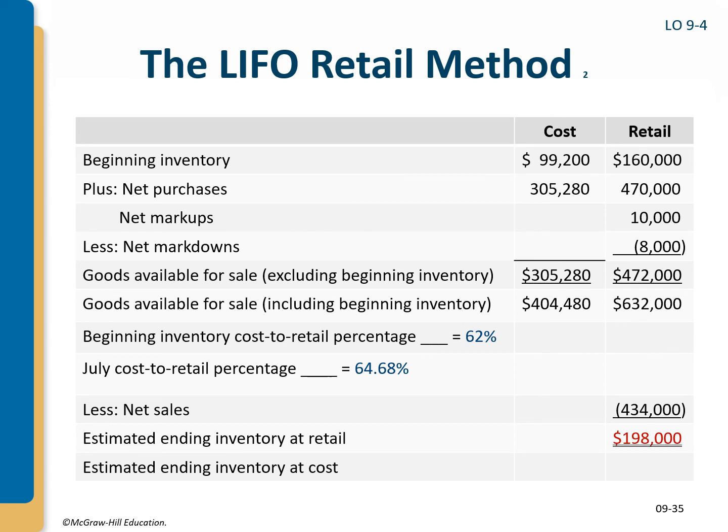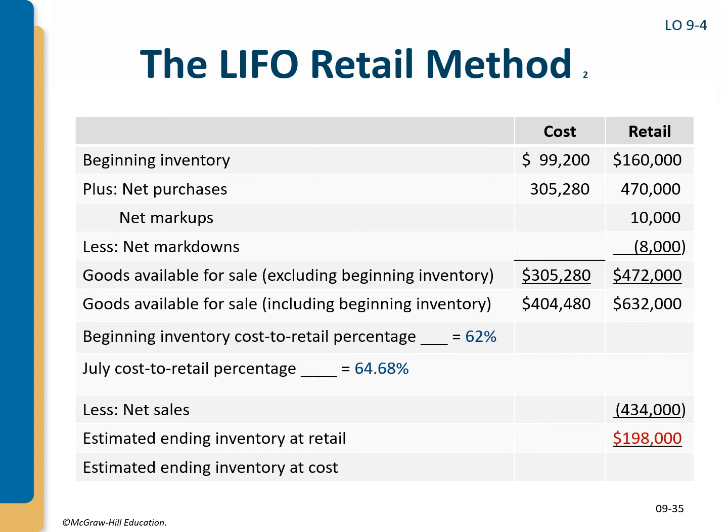We add the retail beginning inventory to the retail purchases, $632,000. So the $160,000 plus $472,000 will still give us $632,000 of retail. And then we add the cost of beginning inventory to the purchases at cost.